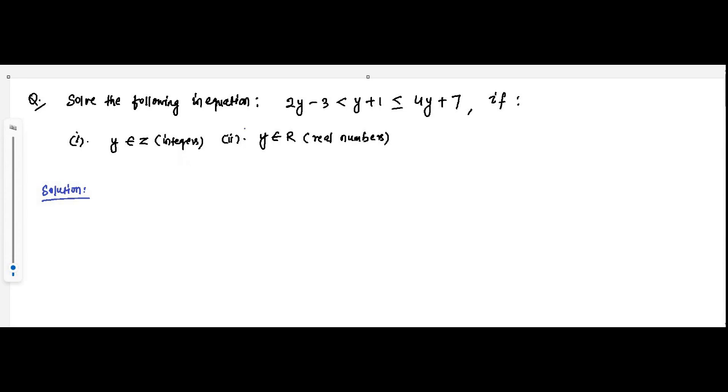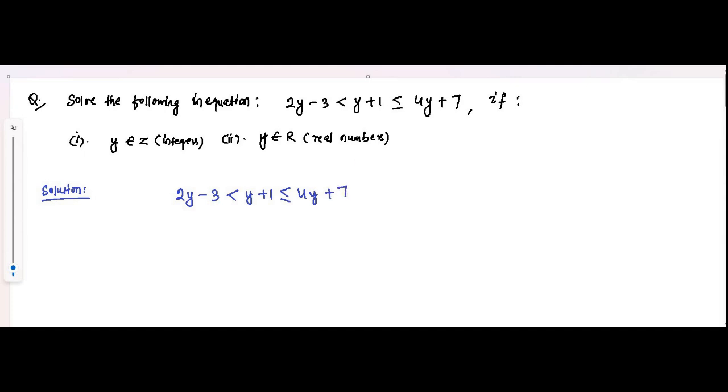So first let us write down the inequation in one variable. Here the variable is y. So don't get confused. So far we have come across questions where x is the variable. Here y is the variable. So the inequation is 2y minus 3 lesser than y plus 1 lesser than or equal to 4y plus 7.